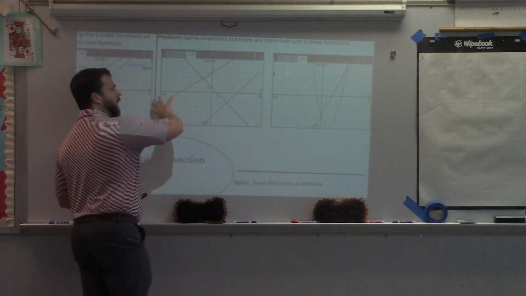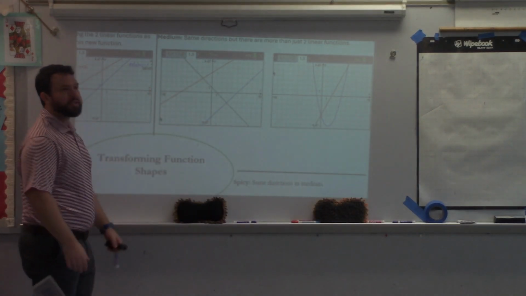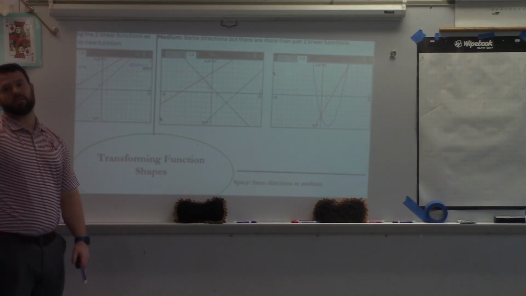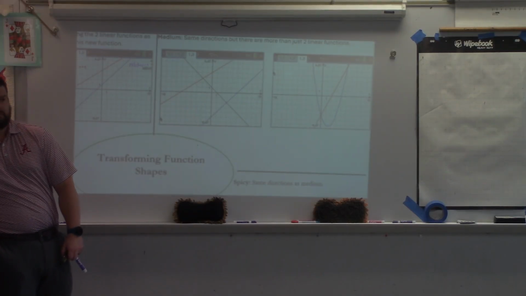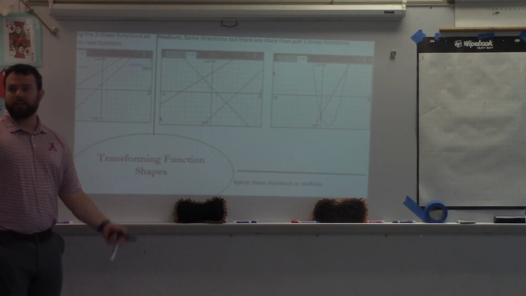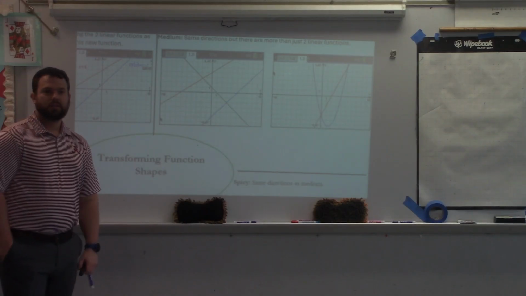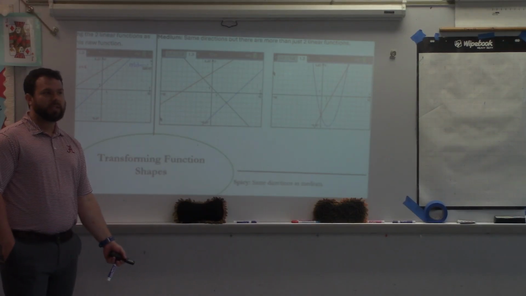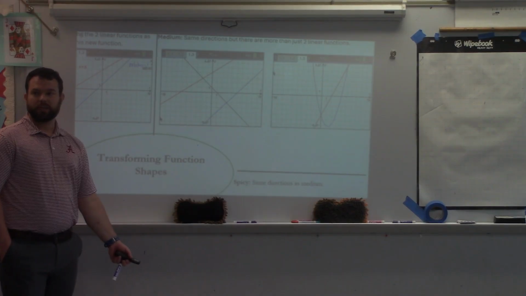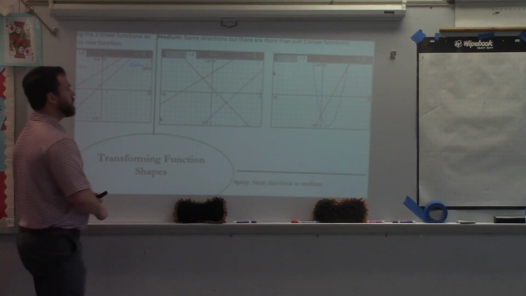Like if I'm looking at this, what type of functions, what type of polynomials are we starting with? We have linear, right? We have 3 linears. Which is going to give us what type of function at the end? A cubic, right? Because it'll have how many zeros? 3 of them.